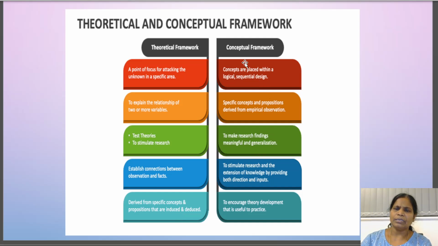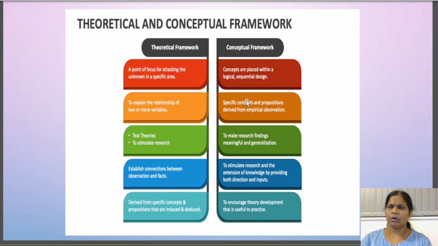Next, coming to conceptual framework. Concepts are placed within a logical and sequential design. So here study variables will be there, pre-op, then intervention, then post-op. How do you manage? It's like that.